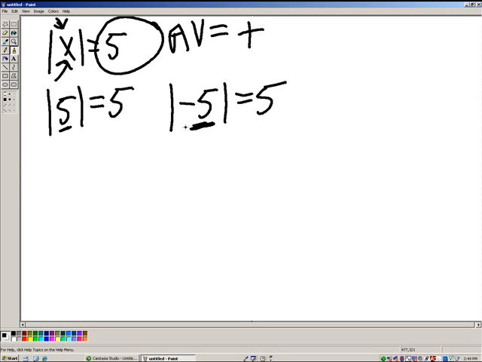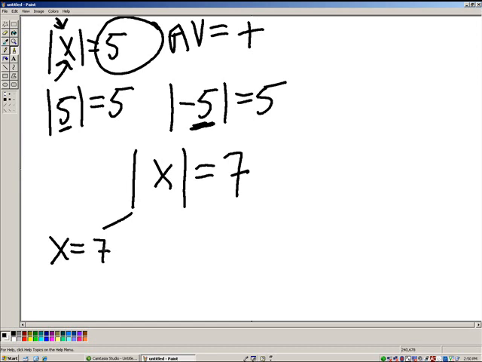One way students find helpful in remembering that is when they look at the absolute value sign of these two vertical bars. One bar reminds them to have a positive value, and one bar reminds them to have a negative value. X could be either 7 or negative 7. So that's how we write our answer.